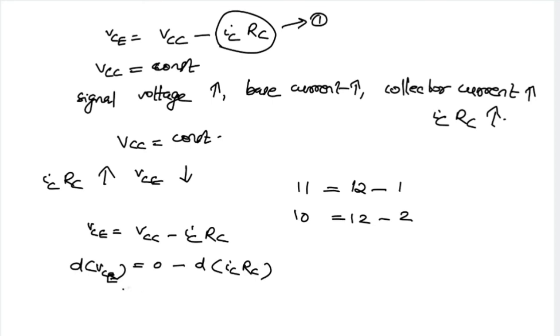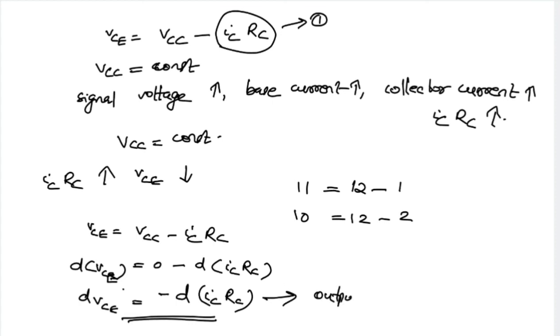So you can see that the change in output voltage is the negative of the change in voltage drop. The negative sign shows that the output is 180 degrees out of phase with the input.